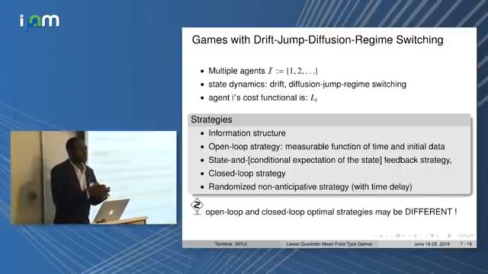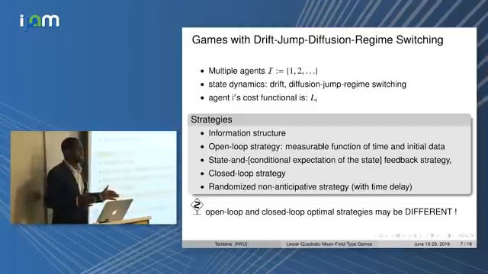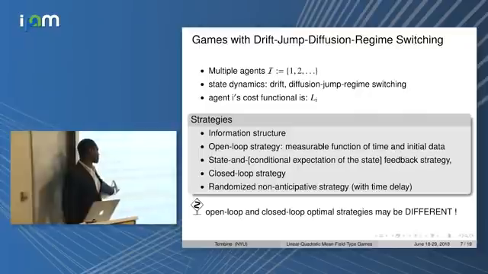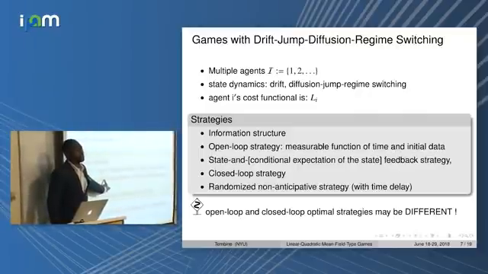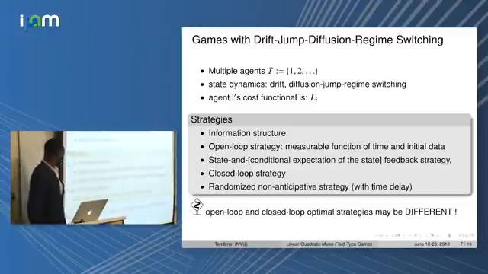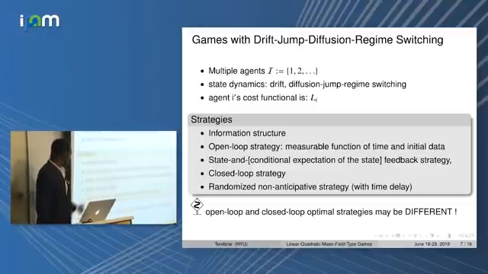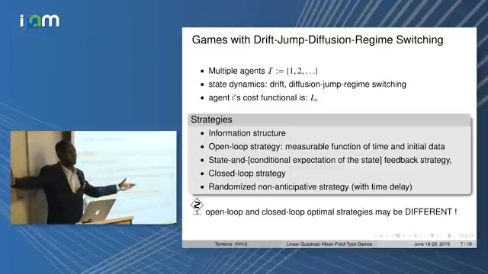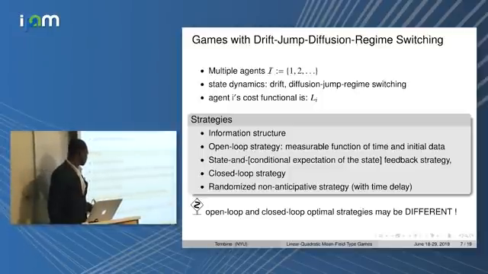But I'm going to consider linear quadratic, so I don't need the entire distribution for this. So I will consider just the conditional mean of something. That will be the state and mean field feedback. And closed loop strategy is the one that tracks the entire path.